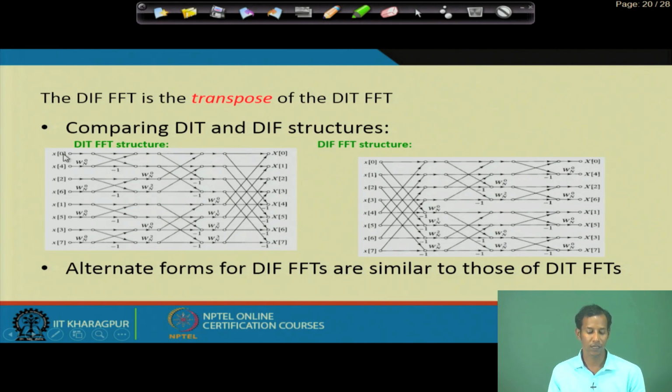Here we consider x0, x4, x2, x6, x1, x5, x3, x7, but here the inputs are already in sequence. So the major difference is that the inputs are in bit reversed manner in decimation in time and the outputs are in the original sequence.